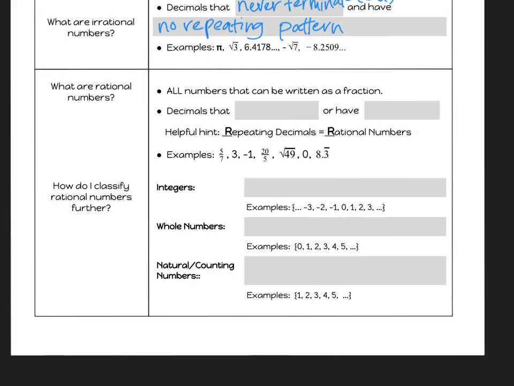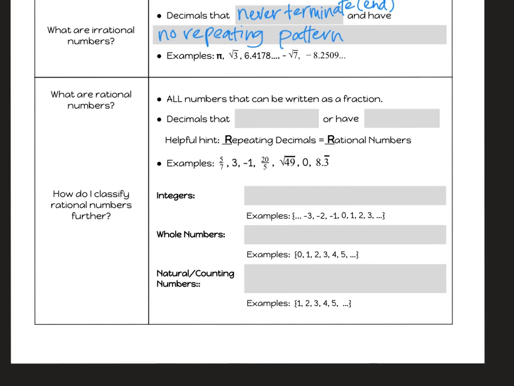Okay, so now we're going to move on to rational numbers, and all numbers that can be written as a fraction are rational numbers. So these are decimals that terminate or have repetition.